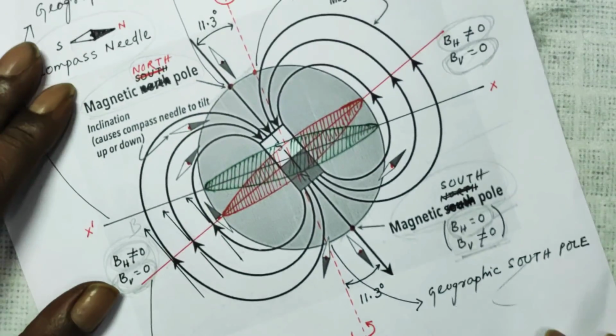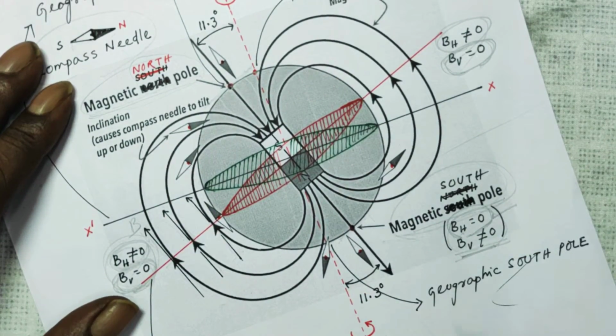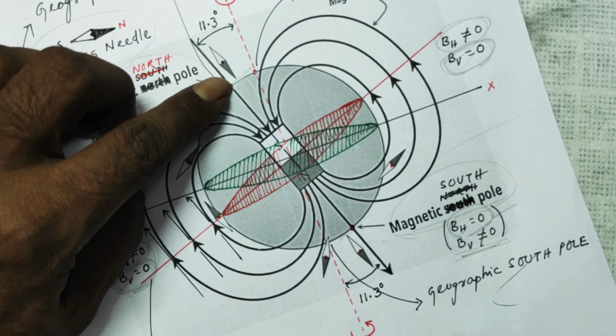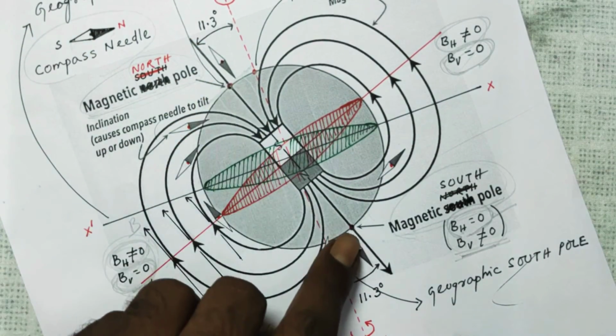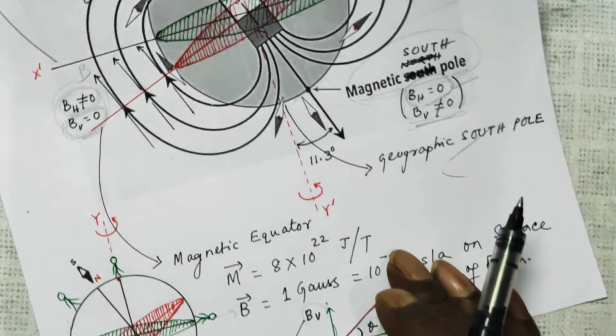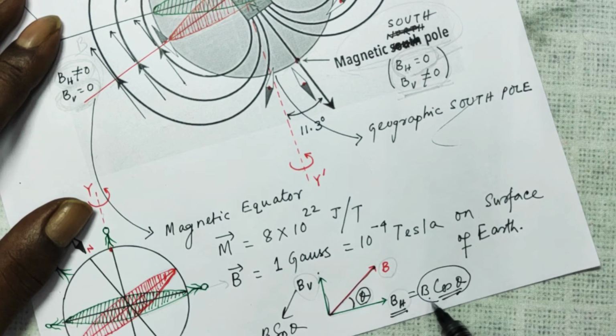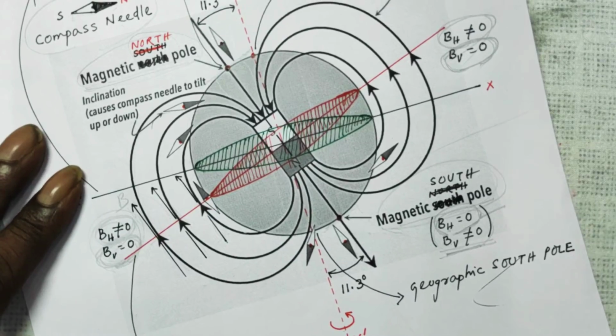Meaning the magnetic field at this point and this point, since the needle is pointing normal to the earth's surface, is that the Earth's magnetic field is totally vertical, meaning theta is 90, so the horizontal component, cos 90, is 0.